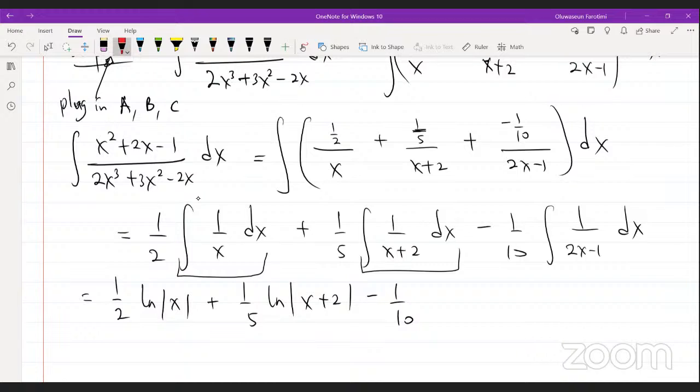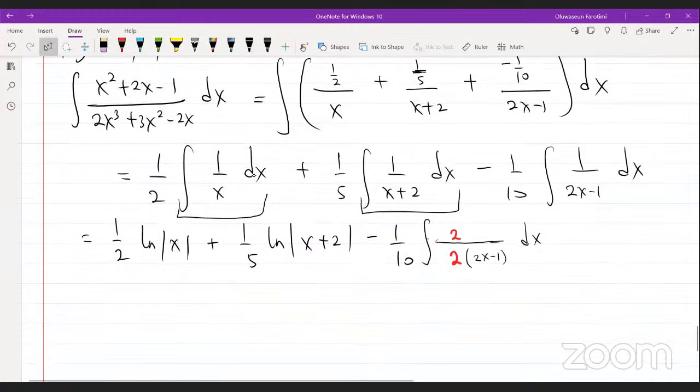The 2/2 trick. Okay, so I need 2 on the top, so let me put 2 on the bottom. Remember the 2/2 trick? That's why I have it in red.